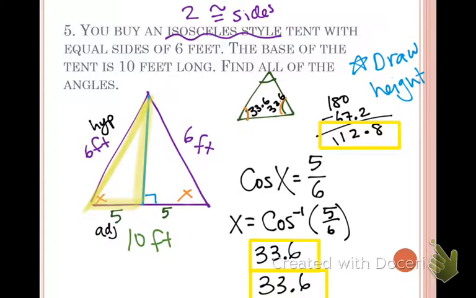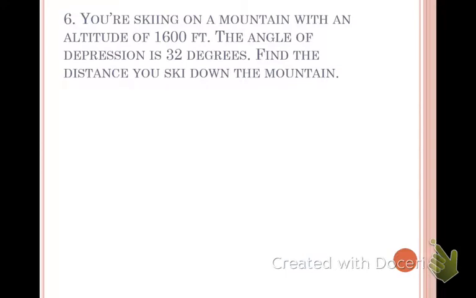All right, we got one more, and then you're going to work with a partner. You are skiing on a mountain with an altitude of 1,600 feet. So what is an altitude? The height. Yeah, the vertical. Of 1,600 feet. The angle of depression is 32 degrees.